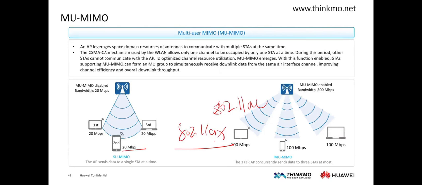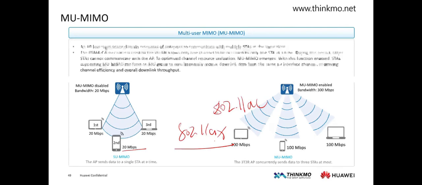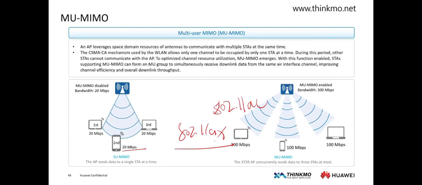This greatly improves the efficiency of multi-user concurrent transmission. With the implementation of MU-MIMO, when devices support MU-MIMO, even if there are multiple devices, they can also perform parallel data transmission through the AP as if operating multiple devices as one large device.